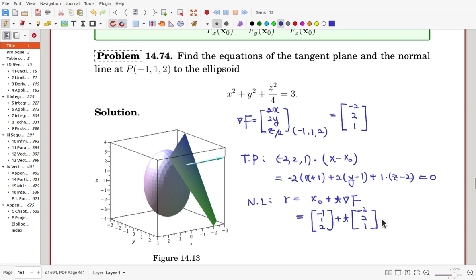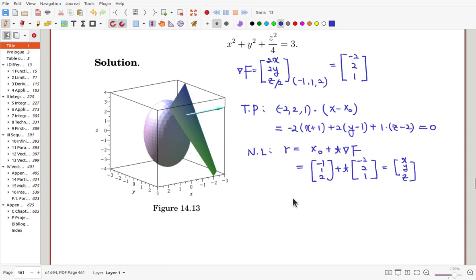Of course, r is the same as (x, y, z). So that is the vector form.